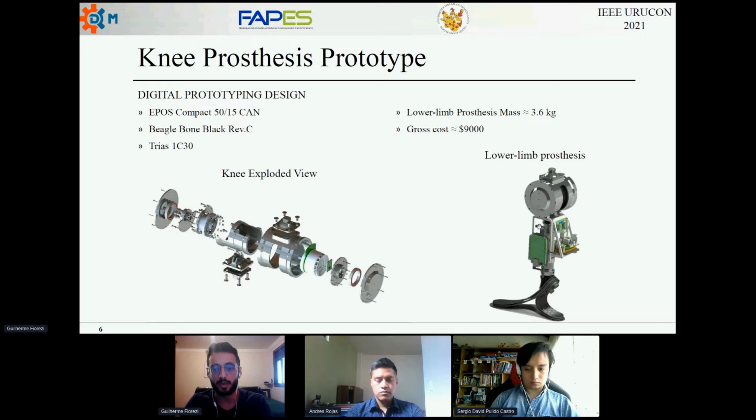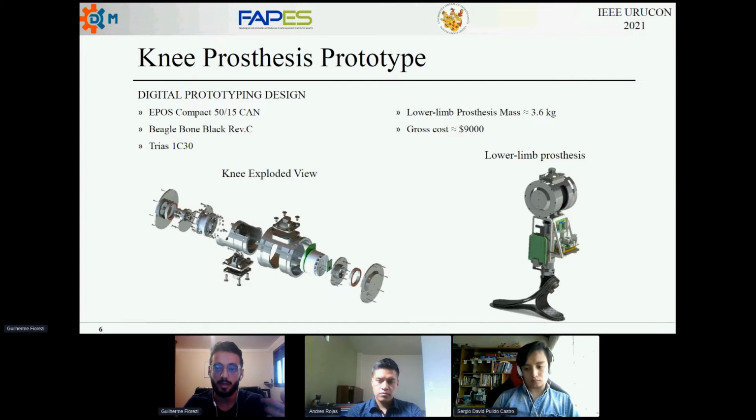In the future, as we want to use the prosthesis in people, we had to develop a structure to connect the knee prosthesis to a foot. In this case, we are using a passive foot, the Trias 1C30. And the overall mass of this prototype is 3.6 kilograms, estimated by the software.